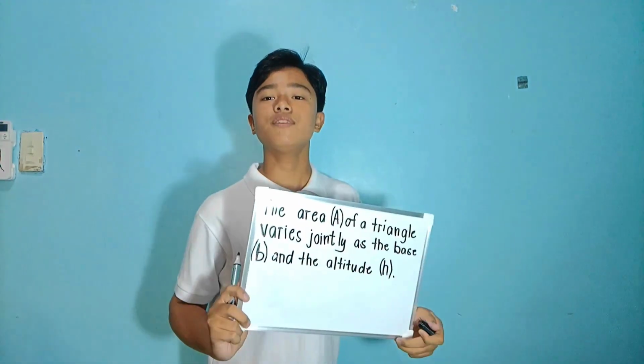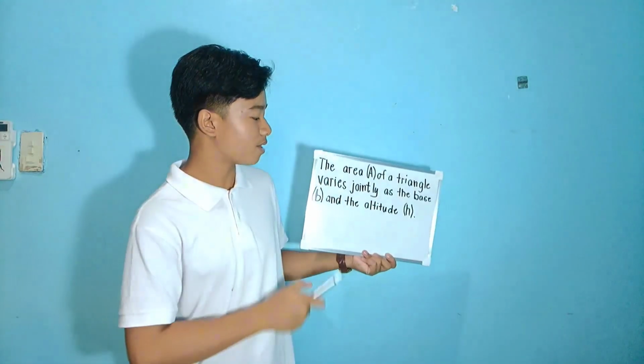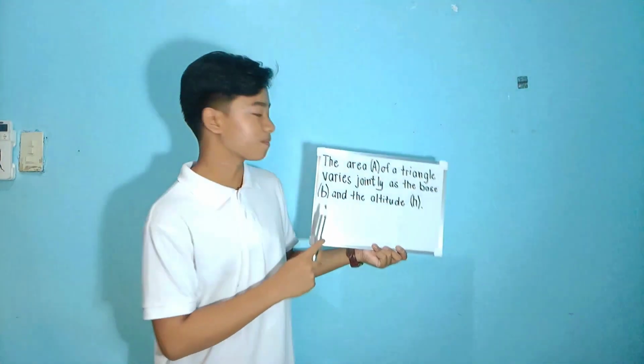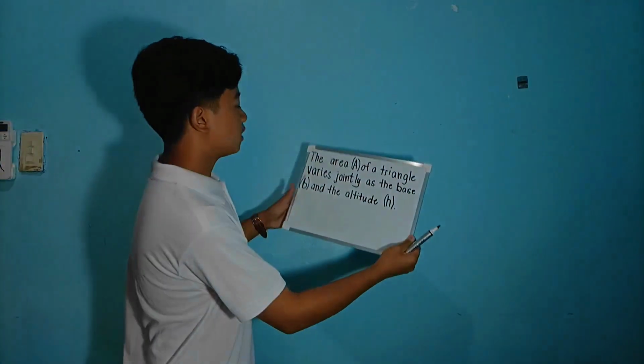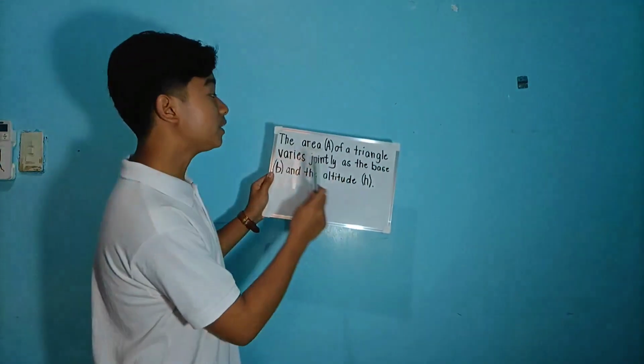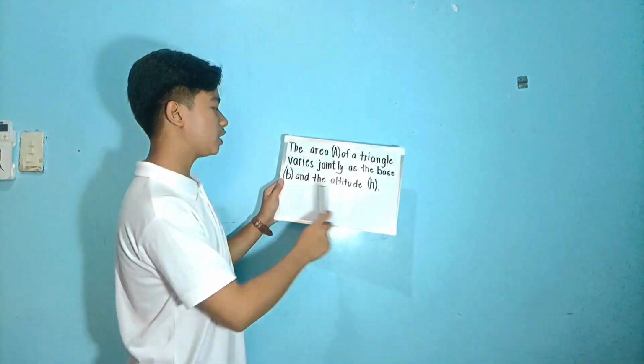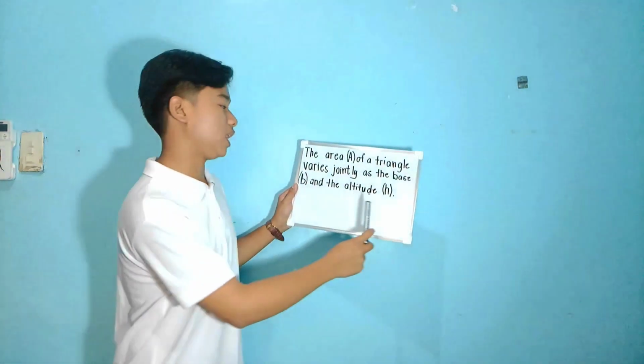I have here a sentence, and I will translate it into a mathematical sentence. The area A of a triangle varies jointly as the base b and the altitude h.